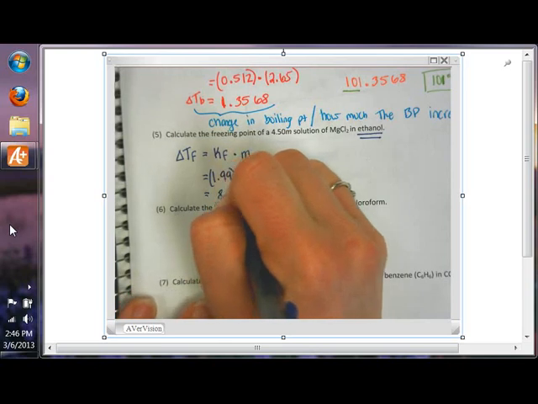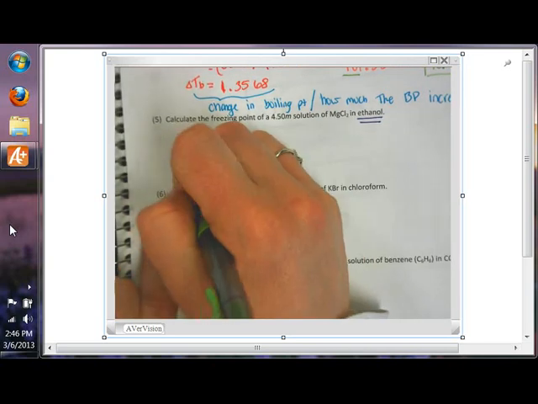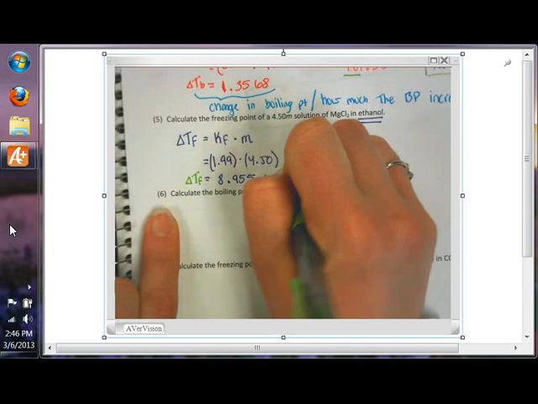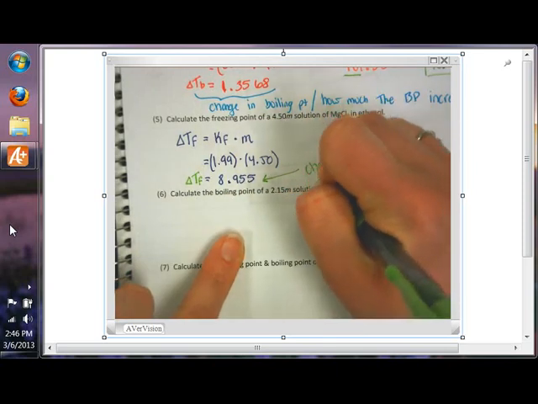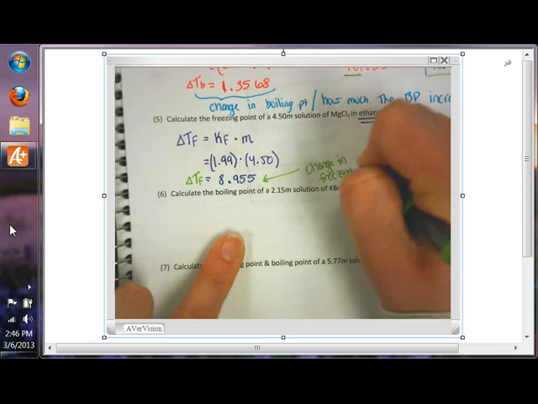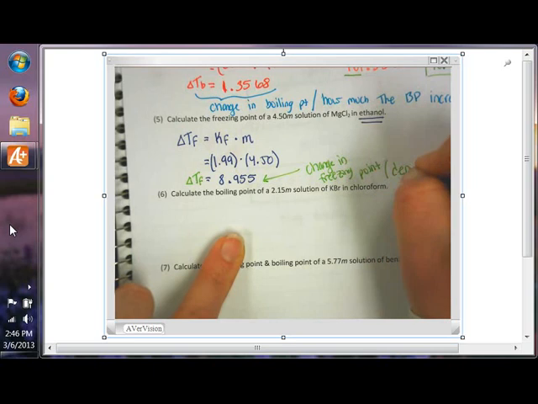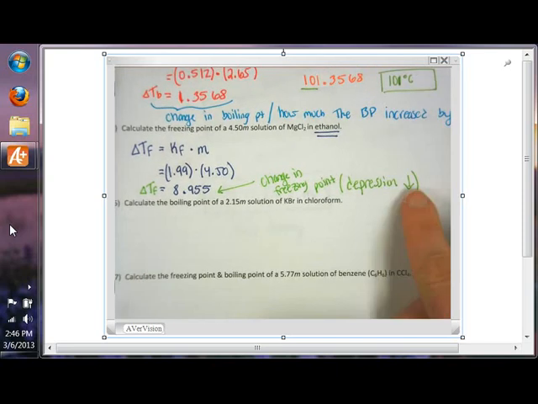Now this right here is the change in the freezing point. And it's freezing point depression. So the freezing point goes down. So to find the final answer, I look at what the freezing point of ethanol really is.